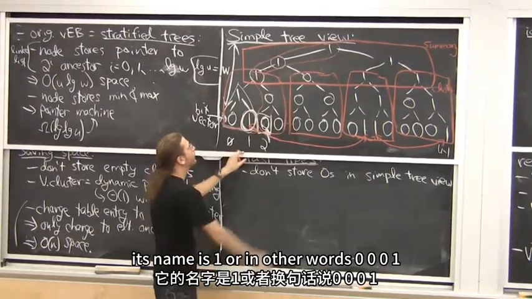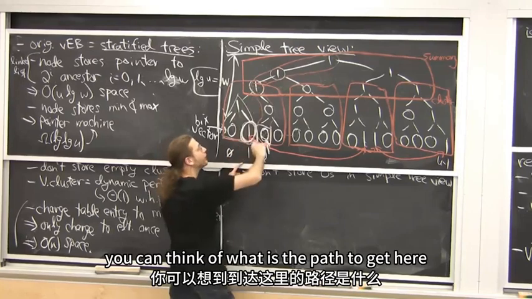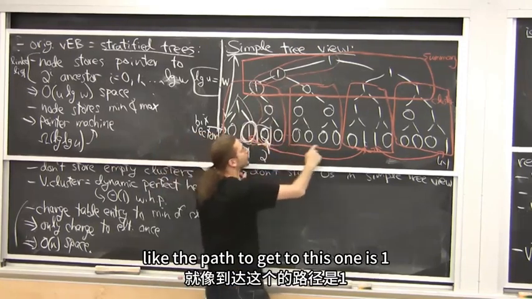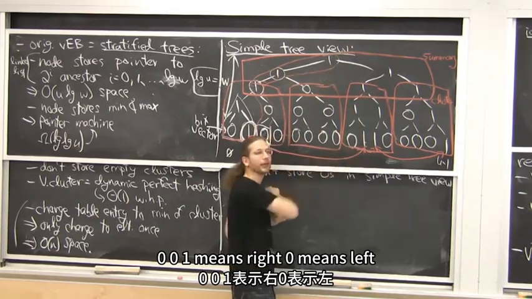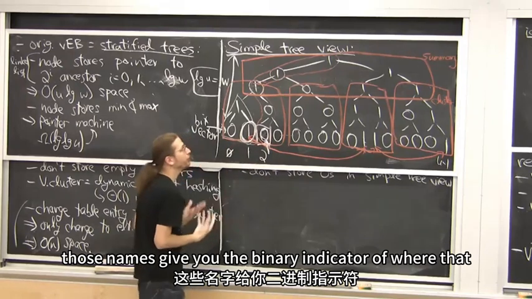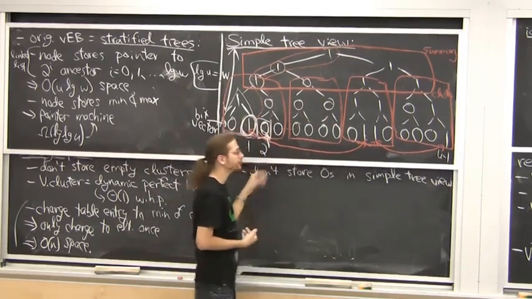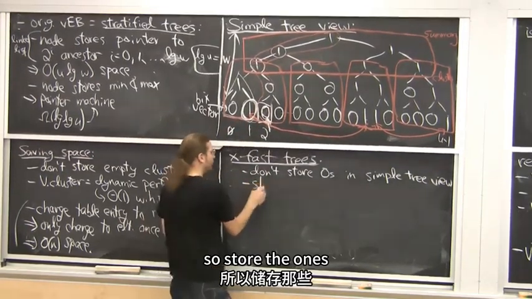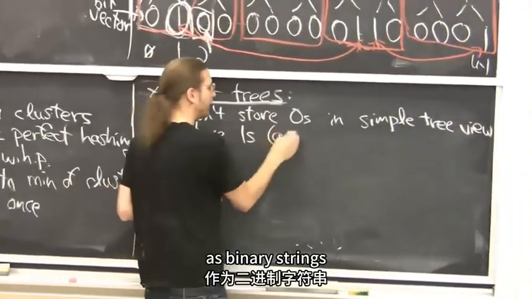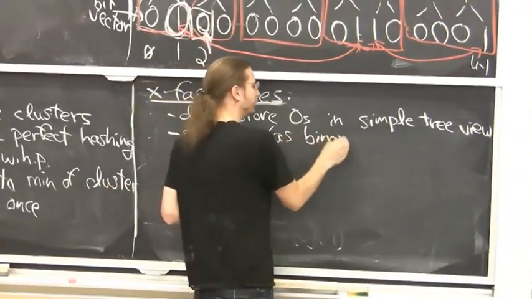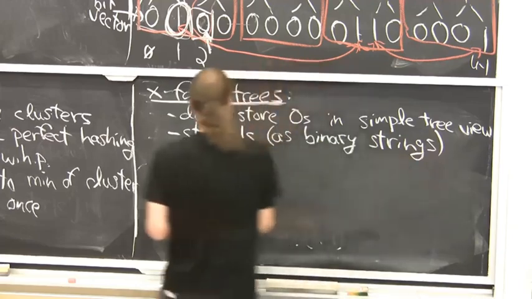Its name is 1, or in other words, 0001. For each of these nodes, you can think of the path to get there. Like the path to get to this one is 100, where 1 means right, 0 means left. Those names give you the binary indicator of where that node is in the tree, in some sense. So store the ones as binary strings in a hash table.